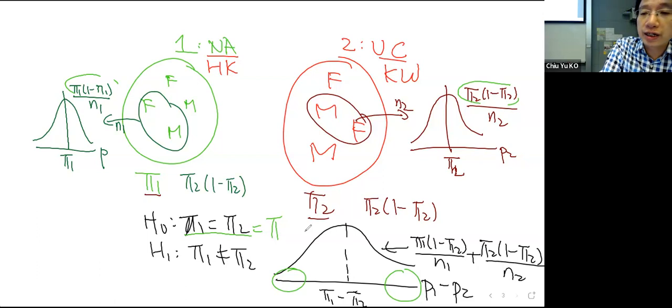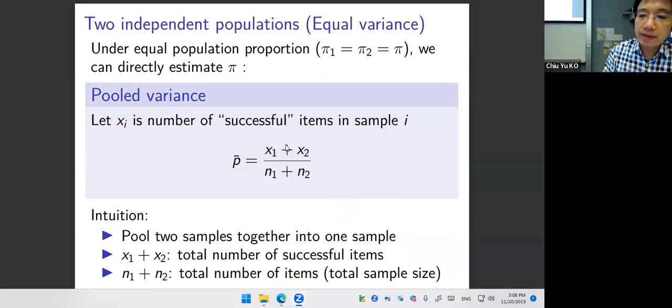So for estimation, you can just forget about the distinction of NA or UC, and just add up how many women out of the total. That is the formula you see there. You add up how many men or women, depending on what you say, over the total number. That is our best guess of pi.